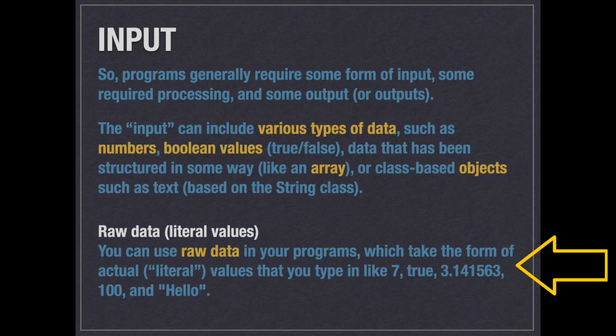Sometimes we just type data into the program to get stuff to work. If we type stuff into the program like the number 7, the word true, which is a Boolean value, the number 3.141563100, or "hello" in double quotes, those are actual or raw data values. The term for that in computing is literal values.